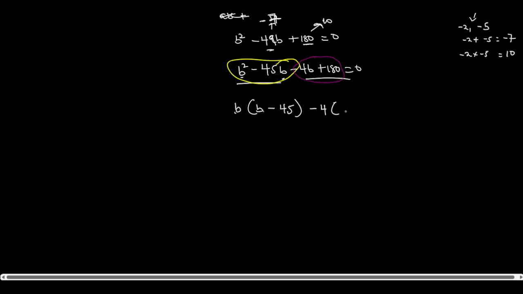Here I have b. Now 4 goes into 180 how many times? 45. Multiply -4 by the negative 45 and you get positive 180. The b minus 45 is common, so we can factorize it out, and we are left with b minus 4. It's equal to 0.